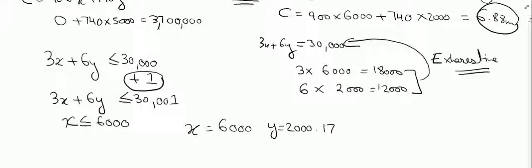If I had one more labor hour, I could have produced 0.17 more units of y.